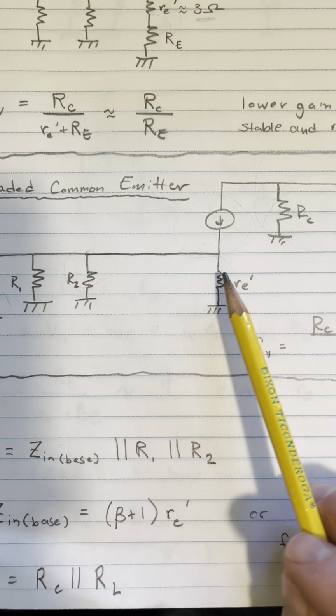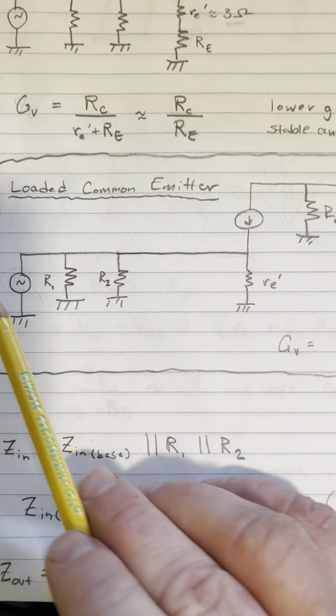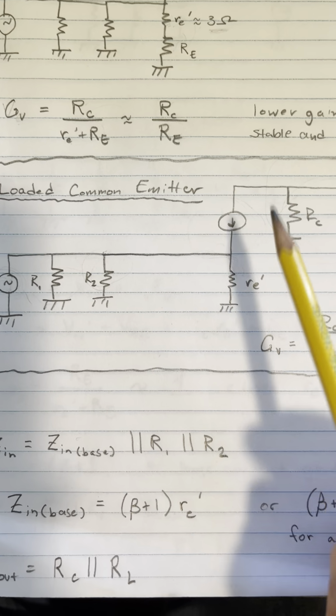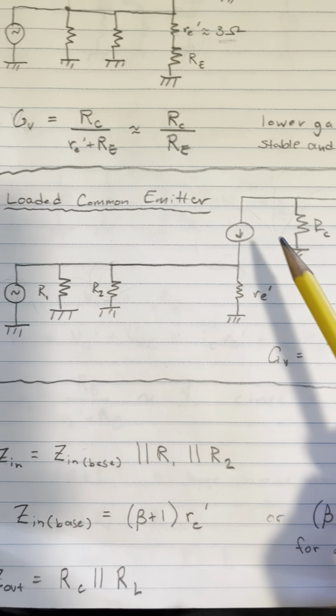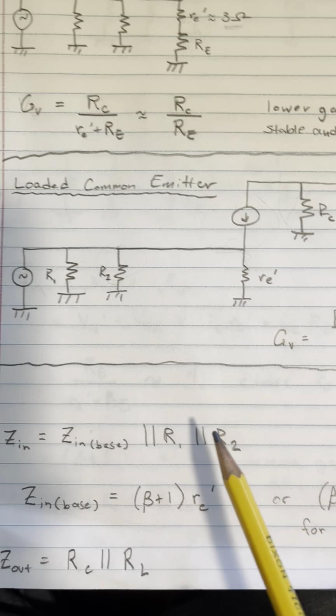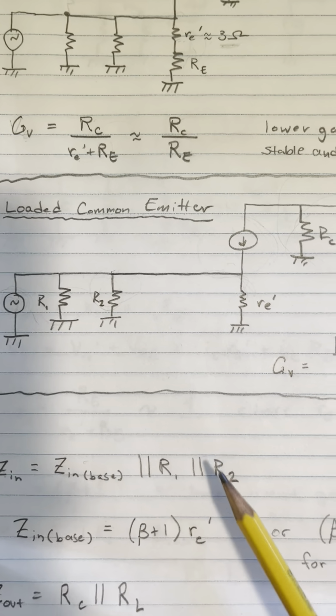Whenever you have a resistor that's on the other side of a transistor, this side of the transistor sees that resistance multiplied by the large factor that the current is multiplied by. And so that's Z in base. So if you take that and put that in parallel with R1 and R2, that is your input impedance.